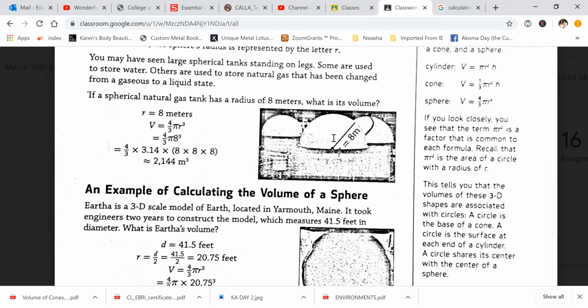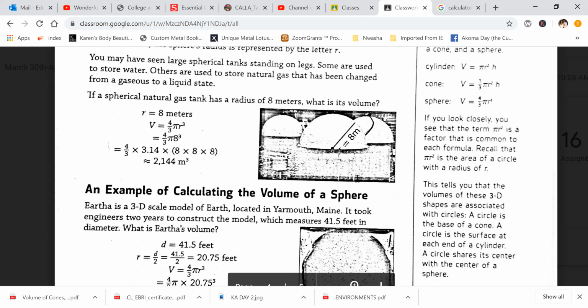However you want to type that in the calculator is up to you. Then you're doing pi, which you memorized is 3.14, and then you're translating the 4/3 into 1.333. So what's the volume of this tank? It is about 2,144 cubic meters.